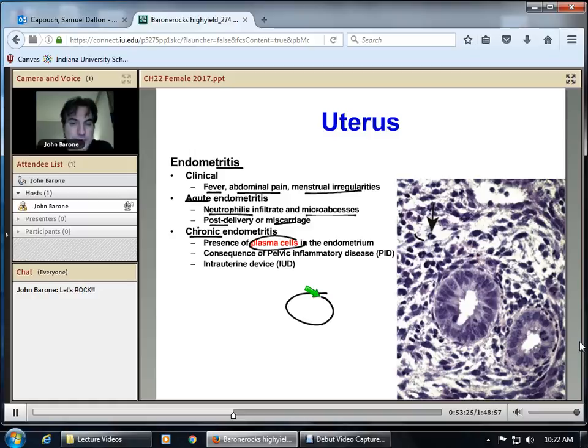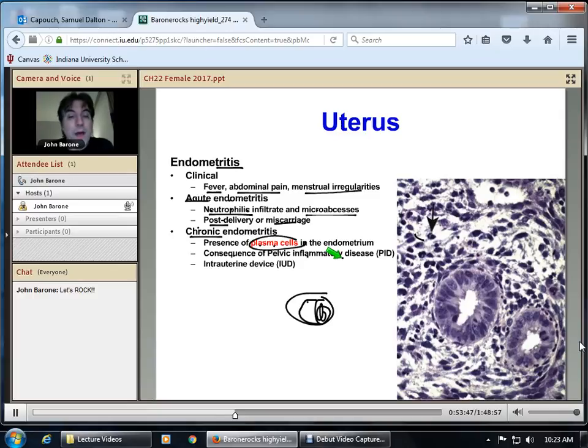So again, the nucleus is pushed to the side, and you've got this perinuclear halo, that's a plasma cell. All you really need to remember: plasma cells in the endometrium are abnormal. Lymphocytes are normal. Neutrophils is acute. Plasma cells is chronic. Now, this could be a chronic pelvic inflammatory disease.